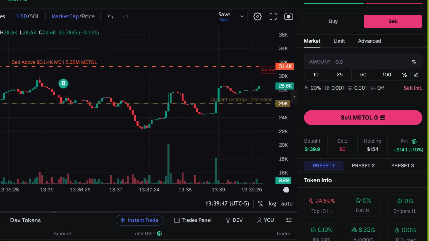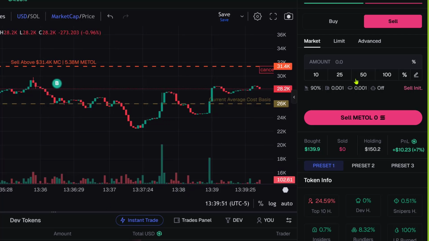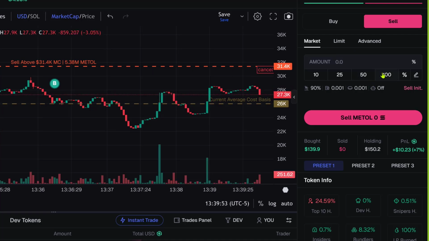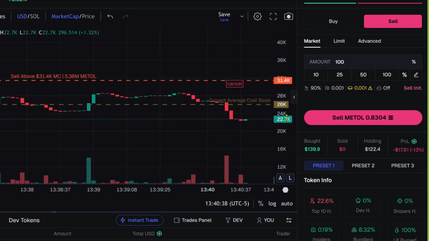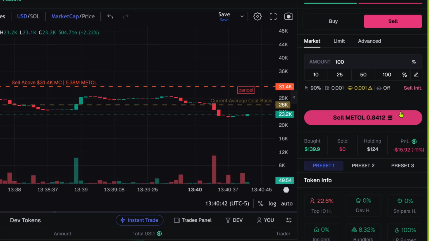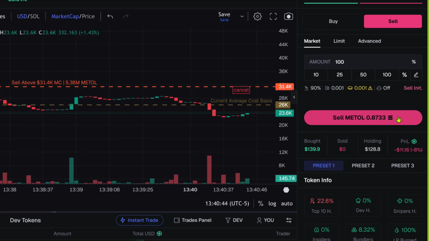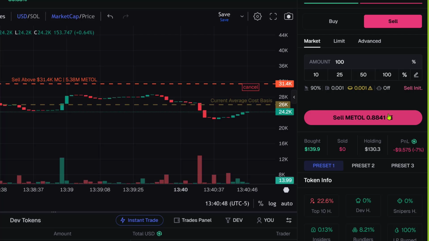To my surprise, this is holding not too bad, the holders. Remember, we can always manually sell. So market 100, manually sell. Here we go. Just testing our faith again. It's bouncing back at the 20. This is where people come, new money comes in, right?